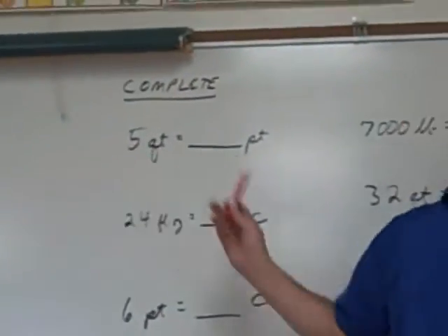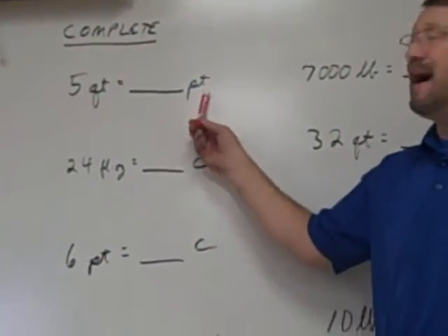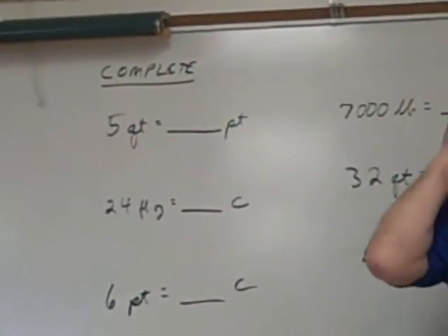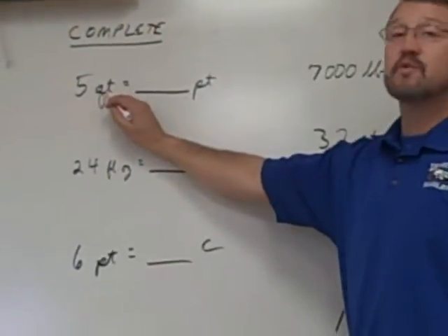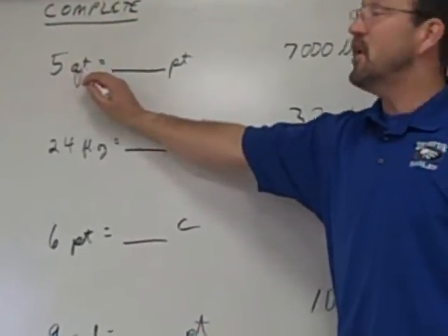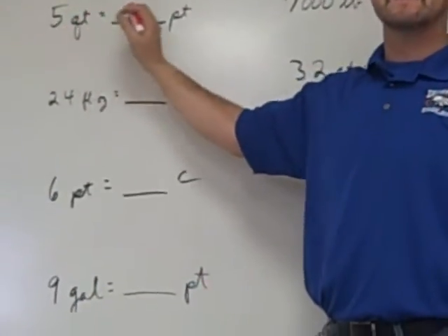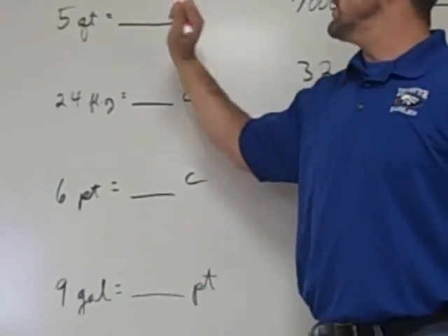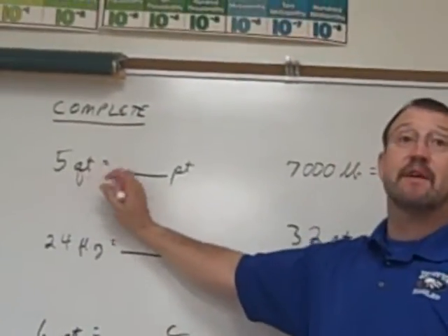Here we go. 5 quarts, turning it into pints. First thing you've got to determine is quarts is what we're starting with, turning it into pints. Are we starting big and going smaller, or are we starting small and going big? Quarts is bigger than pints.